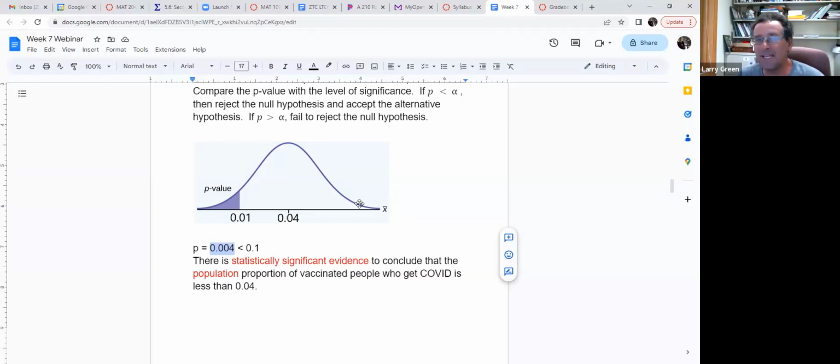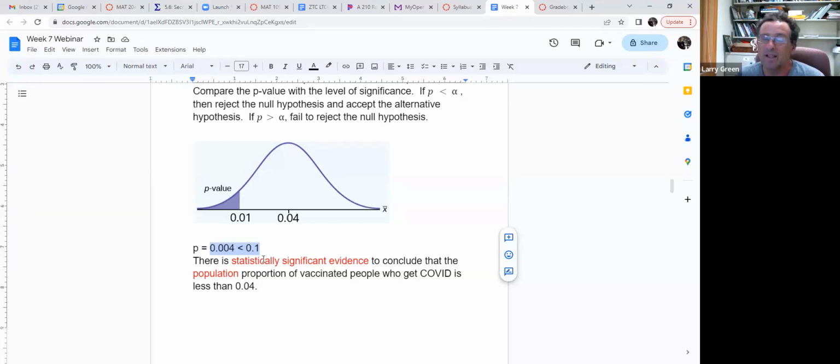So we found the p-value. Once you find the p-value, you see if that p-value is less than the level of significance. And in this case, for Pfizer, and by the way, for Moderna too, and for J&J, they found the p-value was less than 0.1. In fact, it was a lot less than 0.1.